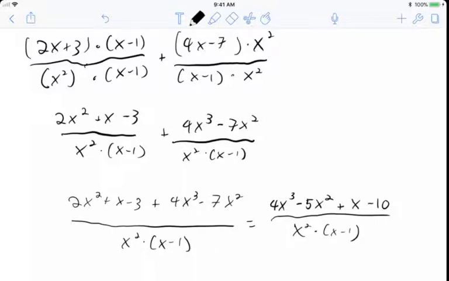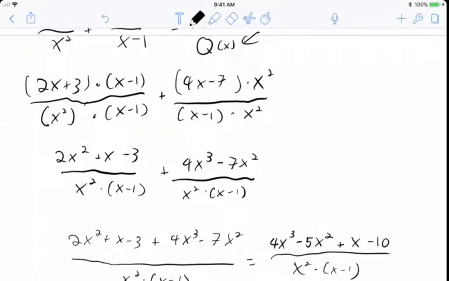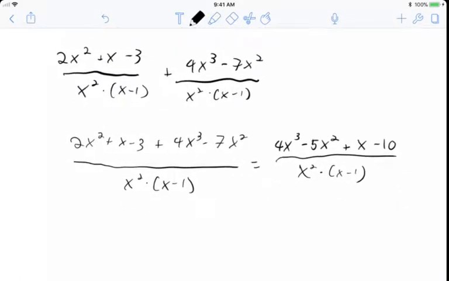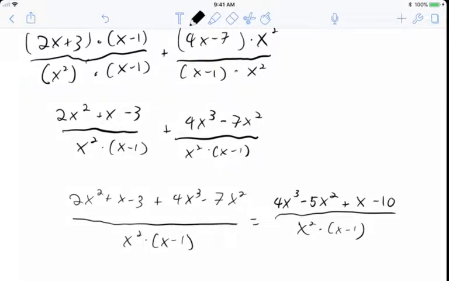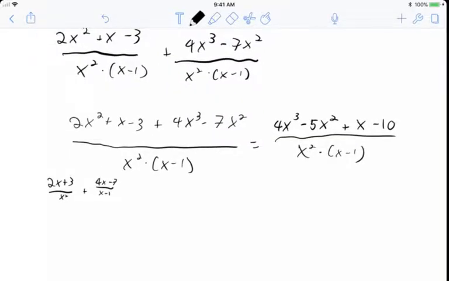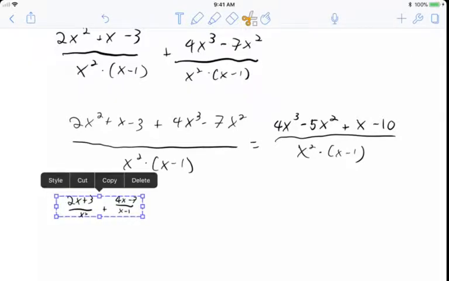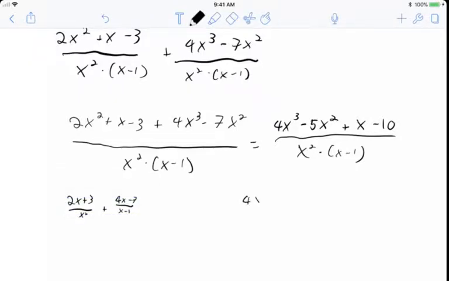All done, you say? Why don't you test it? The argument that I've just made is that my original two rationals added together give me the same answer as this one.